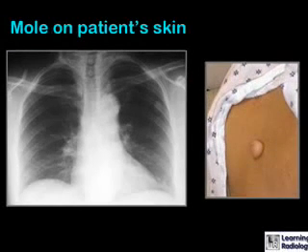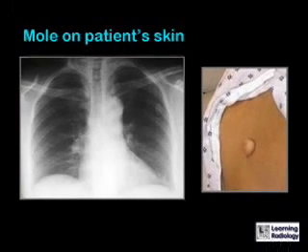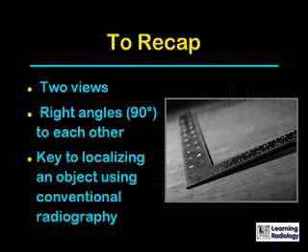This actually represented a mole on the patient's skin. So it was very important to obtain two views at 90 degrees to each other to demonstrate, not only by physical examination but also by the x-ray, that this is a lesion that's outside of the chest.